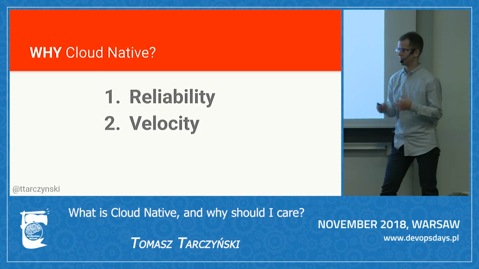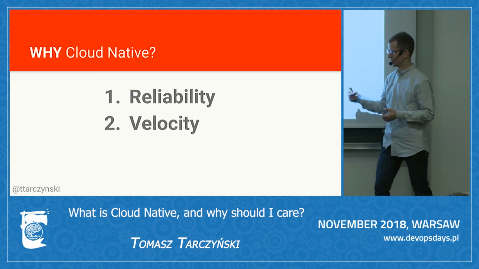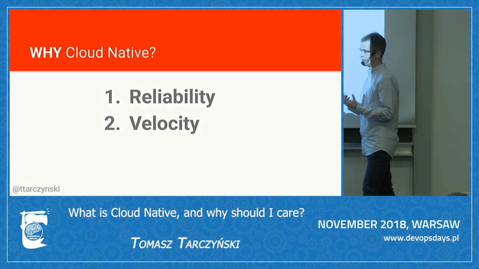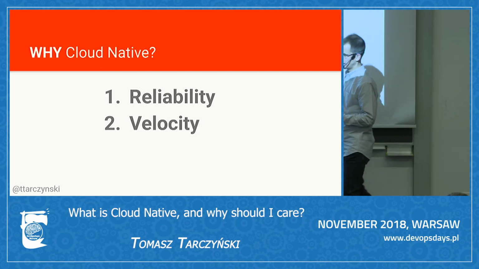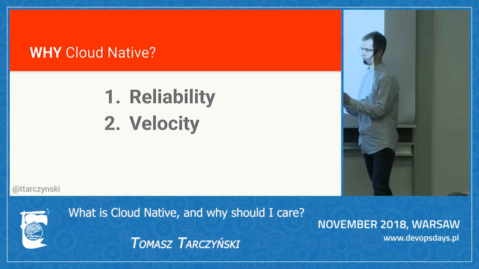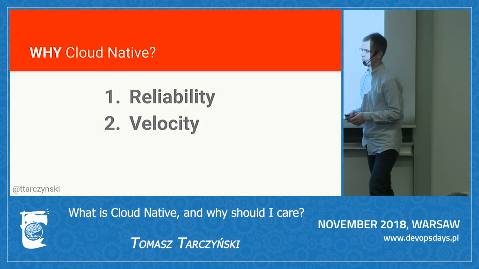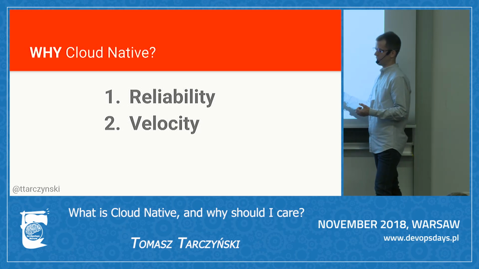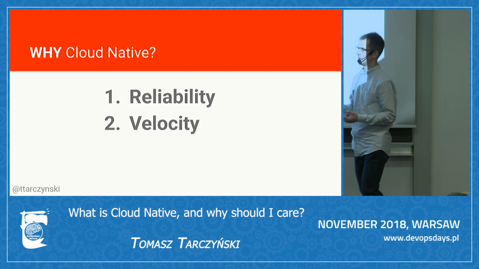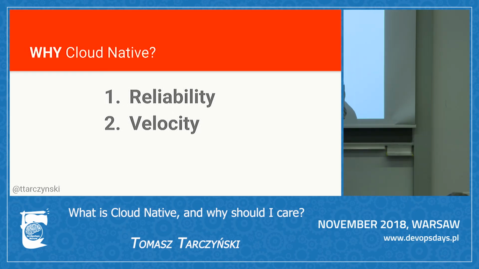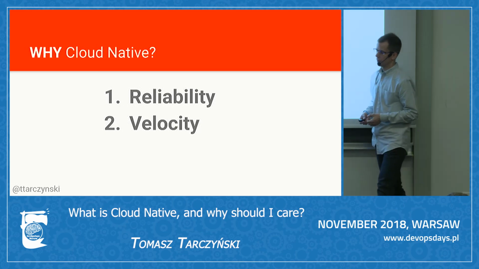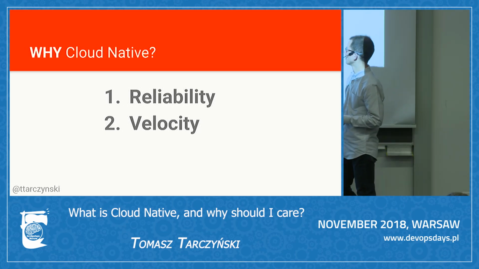So companies using cloud native can increase the velocity, so deliver features to customers much faster, and it's by using the self-service platform. So they use it to deploy small increments of work, and it can be done by developers, by technical teams, on their own.